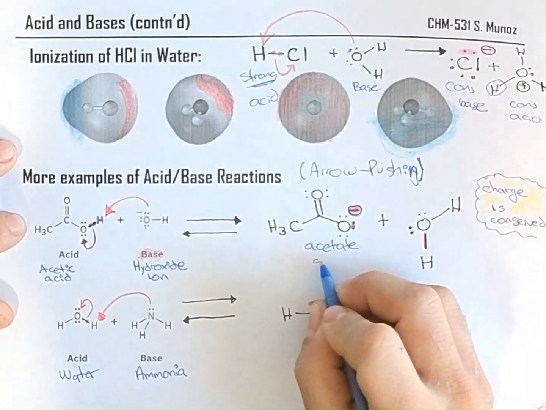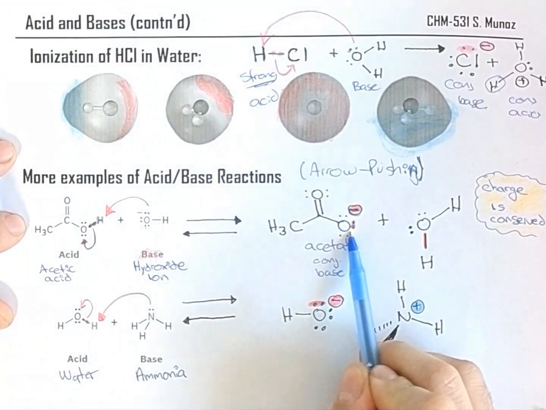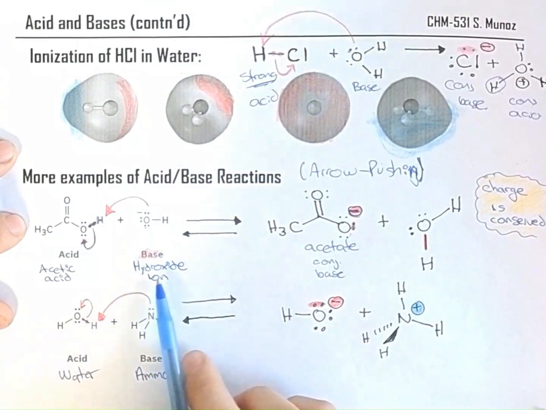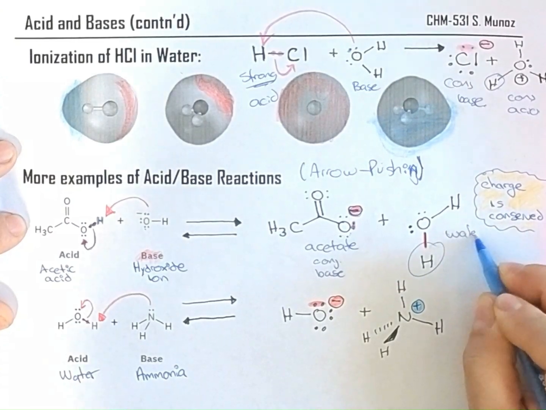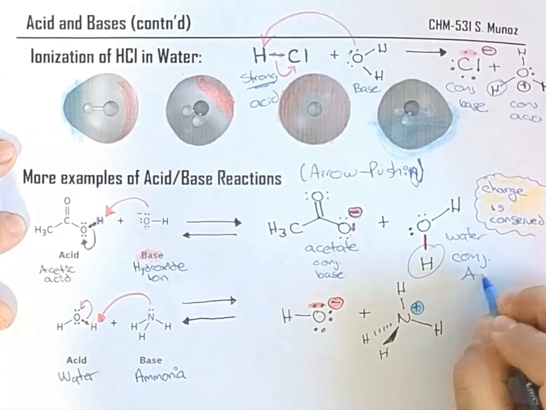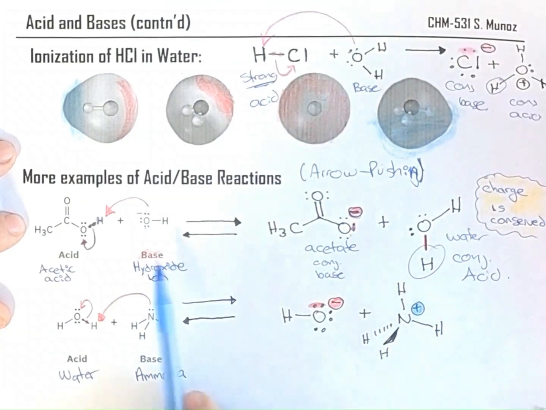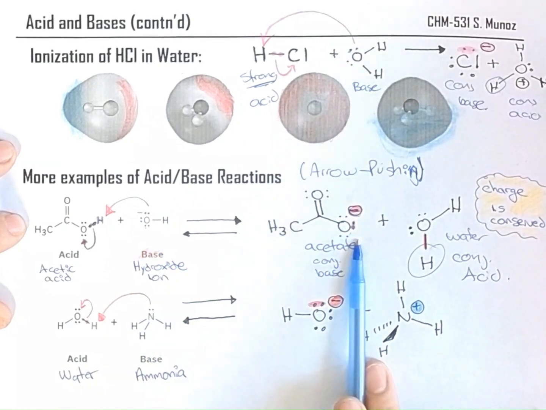This would be the conjugate base, because this can accept a proton and go back to acetic acid. And hydroxide ion picked up a proton and now became water. And now this is the conjugate acid. And notice the charge is conserved in this reaction. If we had a negative species like the hydroxide ion, we're going to end up with a negative species as well, in this case the acetate anion.